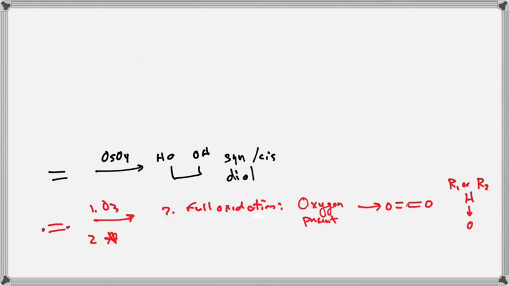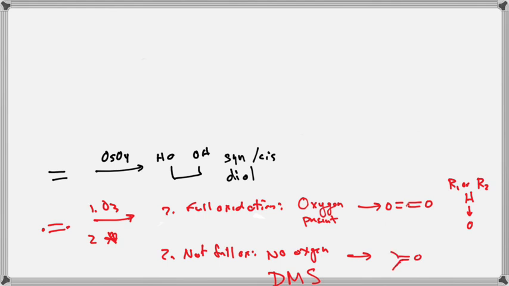Okay? If you're looking at not full oxidation, no oxygen should be present. The standard reagent that's thrown in there is what's known as DMS, or dimethyl sulfide. Okay? And what'll end up happening is you don't touch them. So no further oxidation.